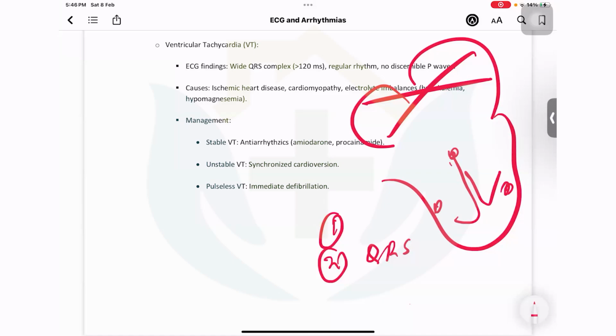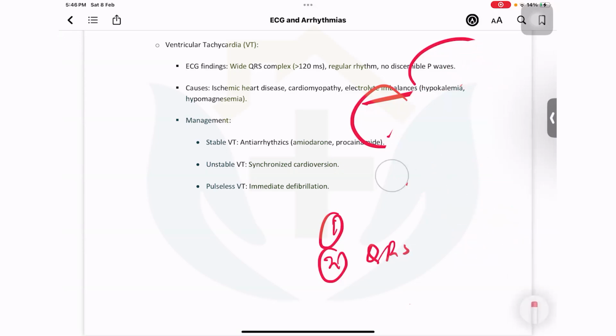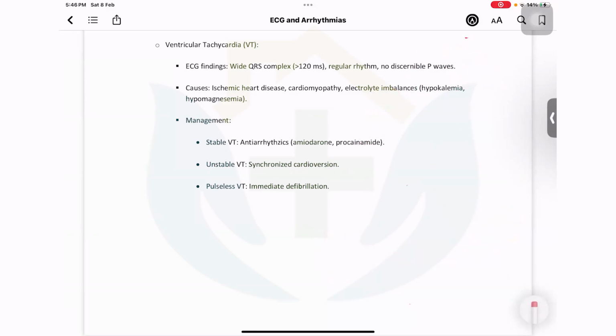Either this is the focus or this is the focus. Somewhere here, the focus is there and they are throwing back the arrhythmia. Hence, these patients have a monomorphic, one-dimensional running rhythm. QRS is broad, more than 120. Regular rhythm is there and no P waves because it suppresses the AV and the SA node.